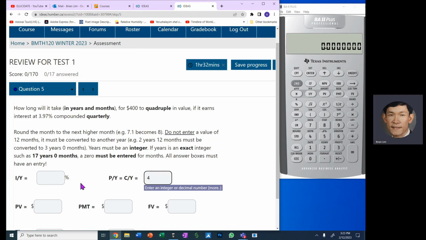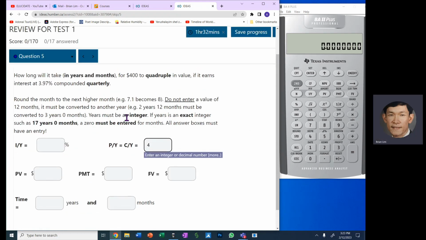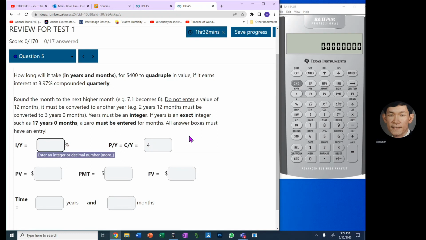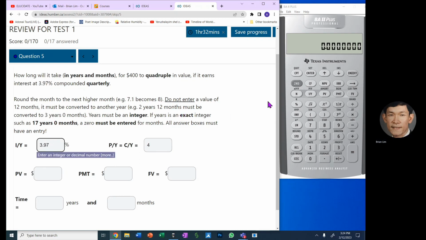Okay, let's fill in these boxes sequentially, and we have to go in order in terms of the calculator. So I/Y is 3.97. Let's copy and paste it in here, and maybe we can start our calculator.